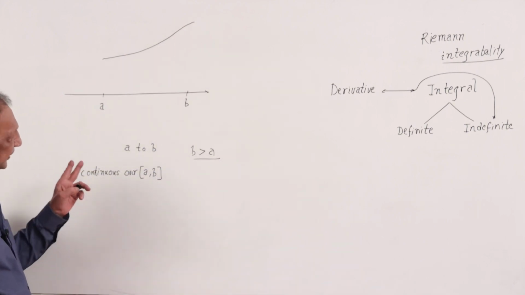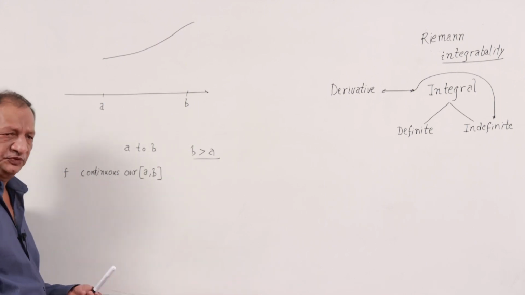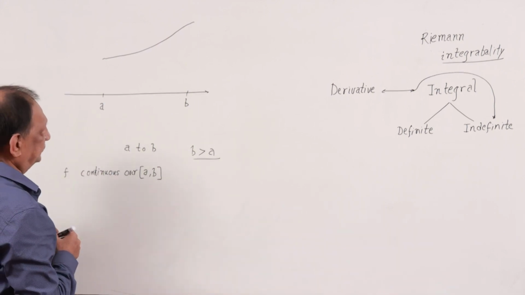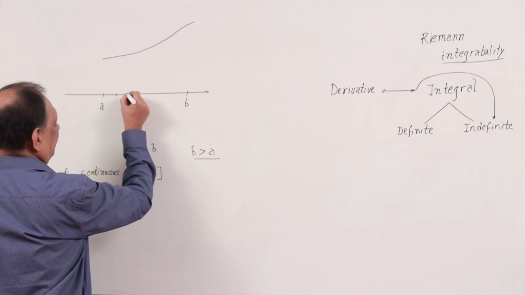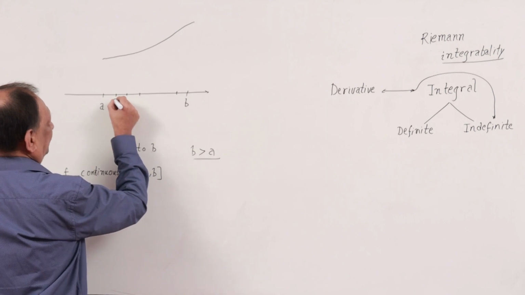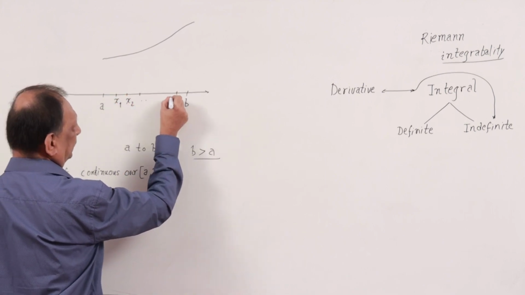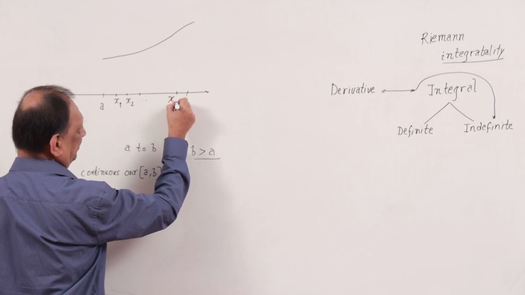Now, this interval itself, we are going to divide into subintervals. n number of subintervals. Okay. So that means I am going to mark off points here as x1, x2, x3 and so on up to xn minus 1.